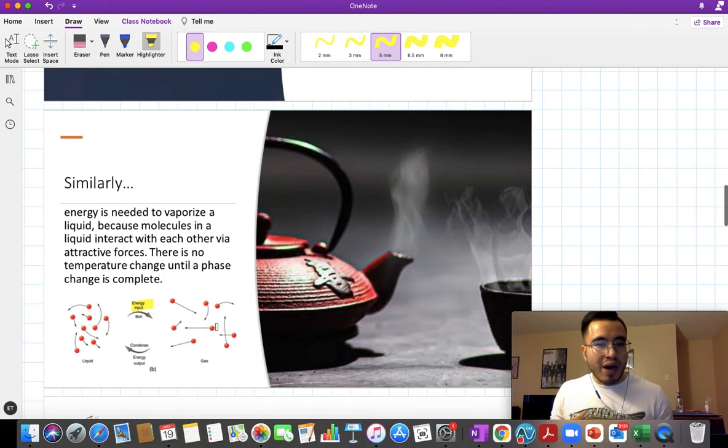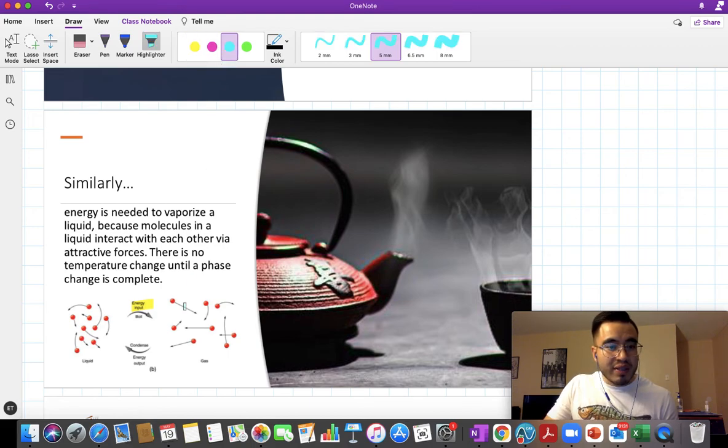Now, what if we do the opposite, where we make the gas into a liquid? That's called condensation. Well, that releases energy. So they're very similar. It says there's no temperature change until a phase change is complete, meaning until all the liquid has become gas, then you're going to have a change in temperature.